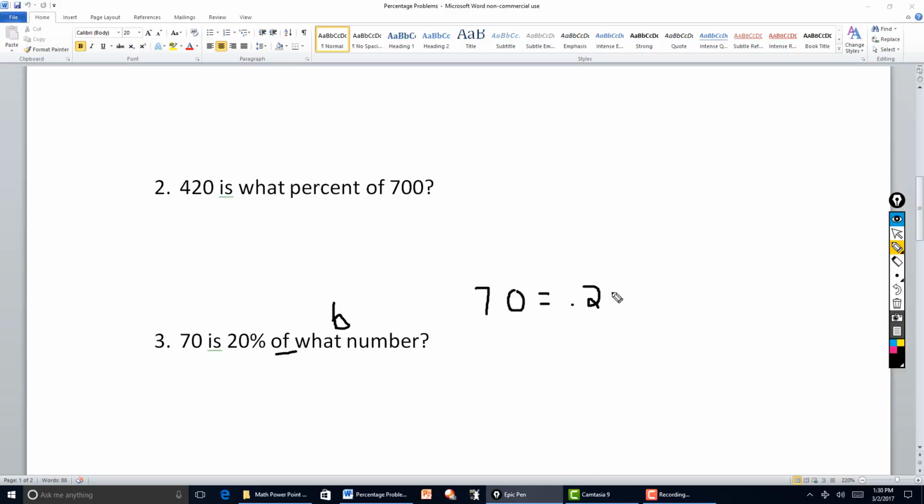I can write it as 0.2 or 0.20, it doesn't really matter, it's the same number. And then "of" means times, so in this case, times B. Then I divide both sides by 0.20. I'll put my B on this side. So dividing here by 0.20.